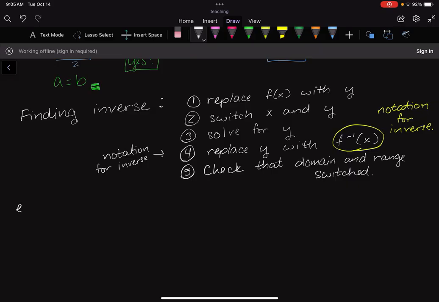All right, so for example 2, we're going to go ahead and find the inverse function.